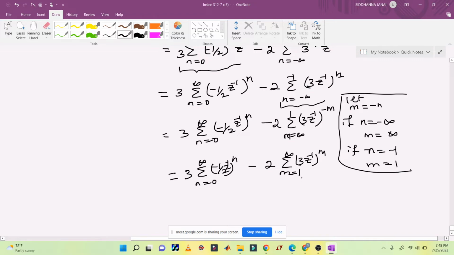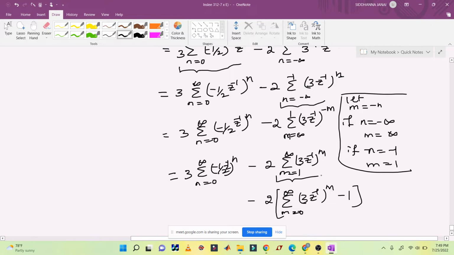But now what we know, if we take the summation from m is equal to 0 to infinity, we'll have to subtract 1. So let us write that: summation of (3 z inverse) to the power m, minus 1.